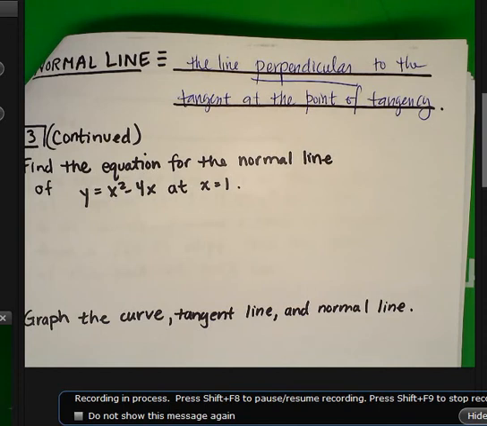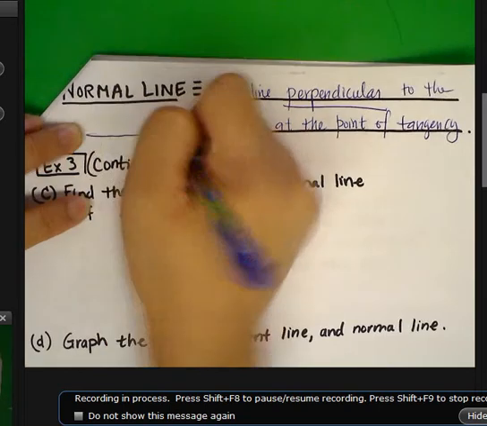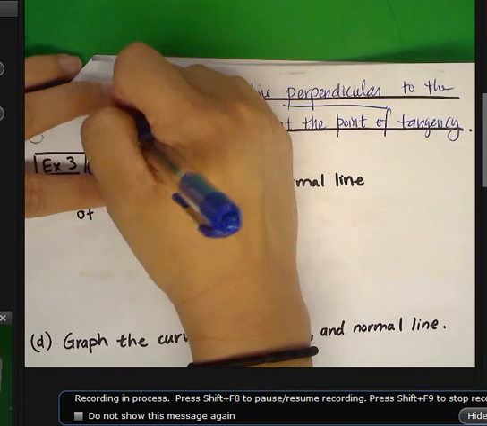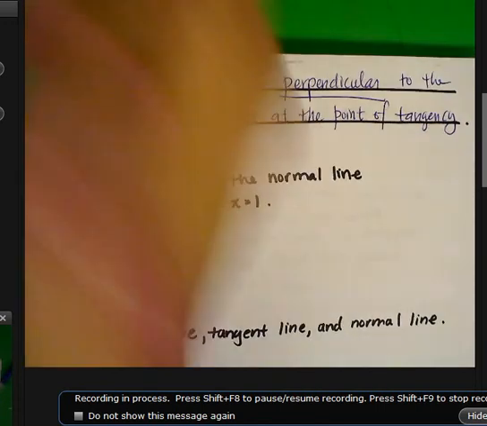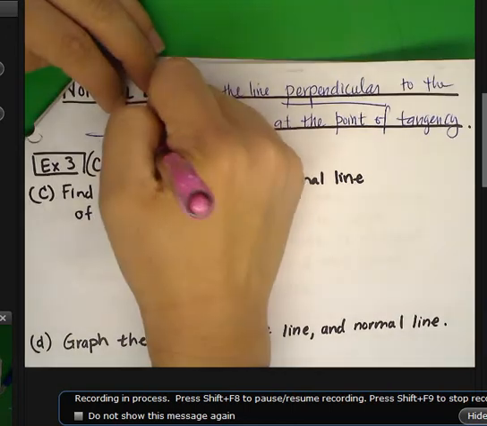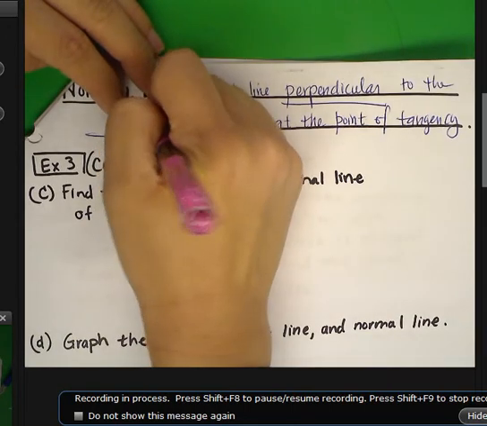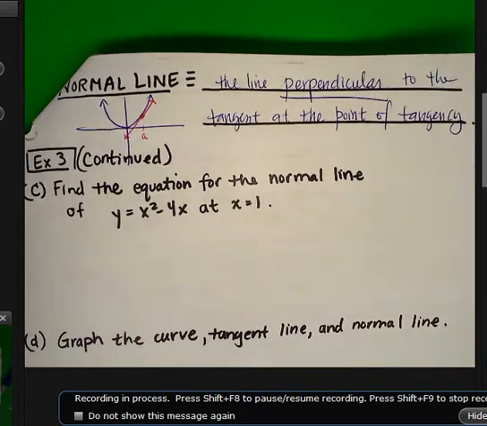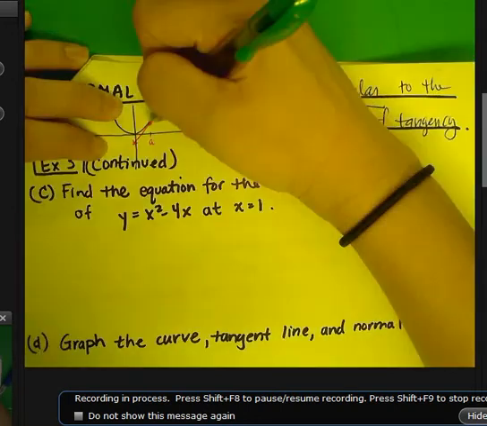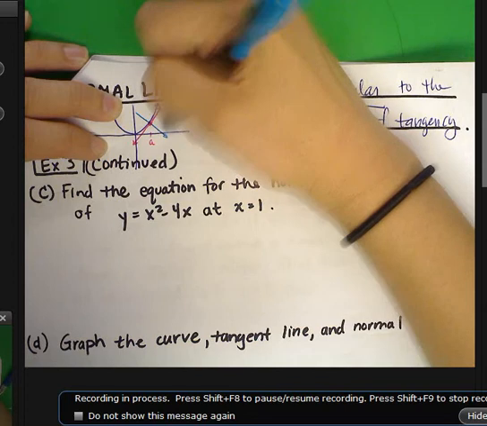So if we were to draw a parabola again, if the tangent at this point A is this one, then the normal would just be that one, right?